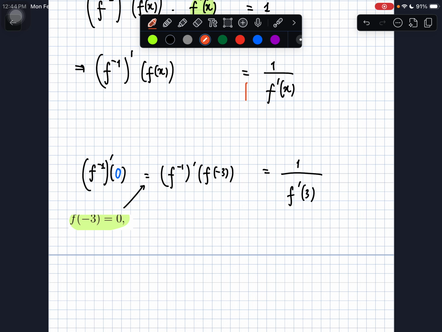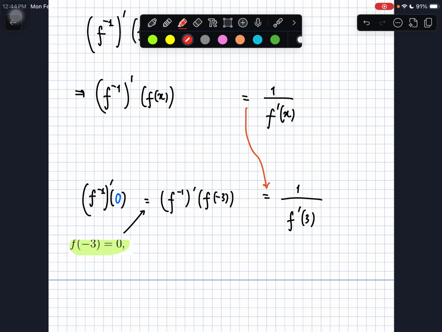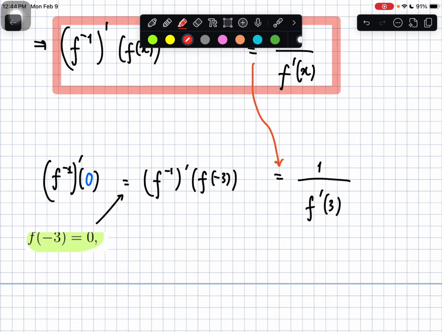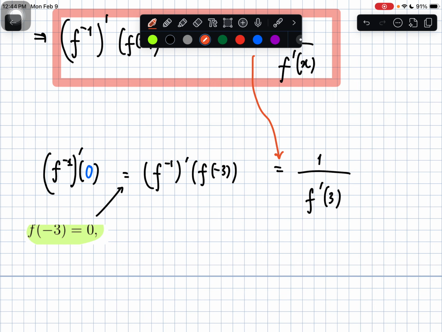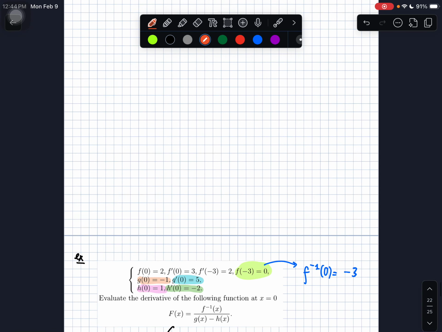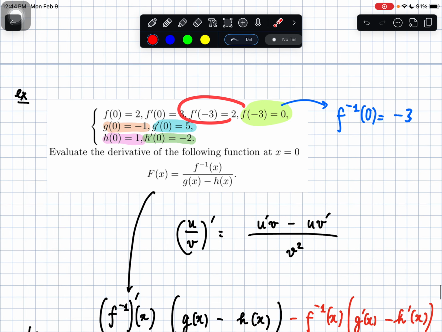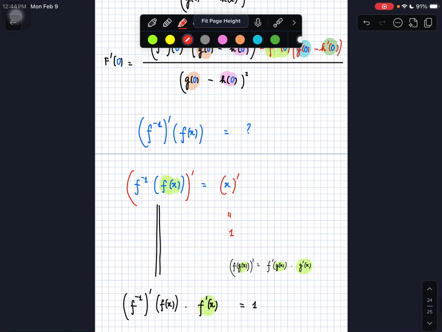This one comes from this formula. So f prime of negative 3 is equal to 2.